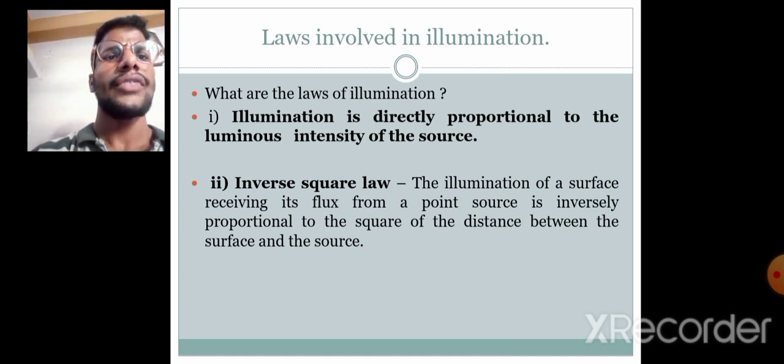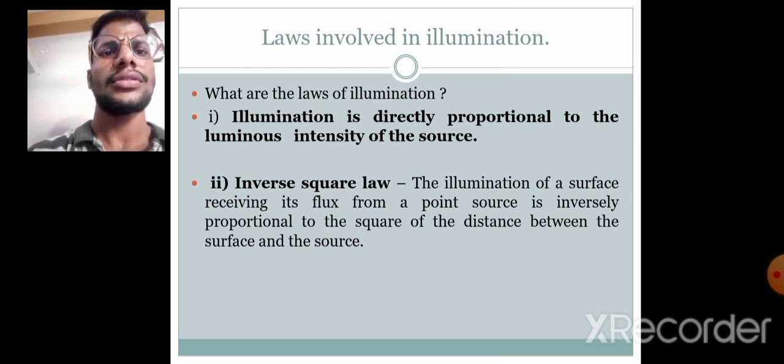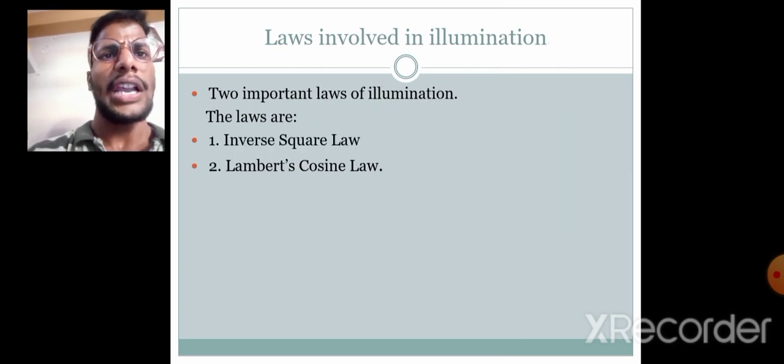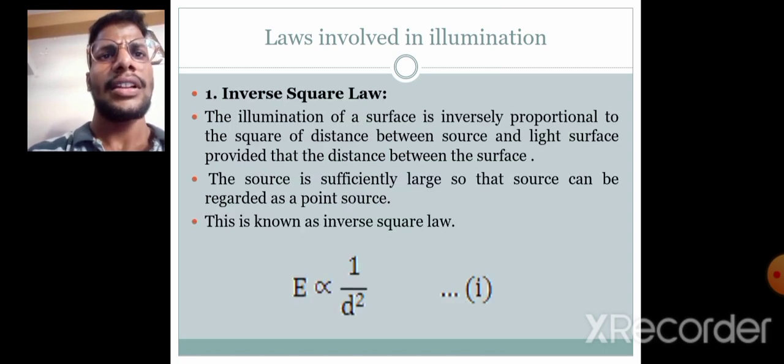The illumination of a surface receiving its flux from a point source is inversely proportional to the square of the distance between the surface and the source. There are two important laws of illumination: the inverse square law and Lambert's cosine law. First, the inverse square law.